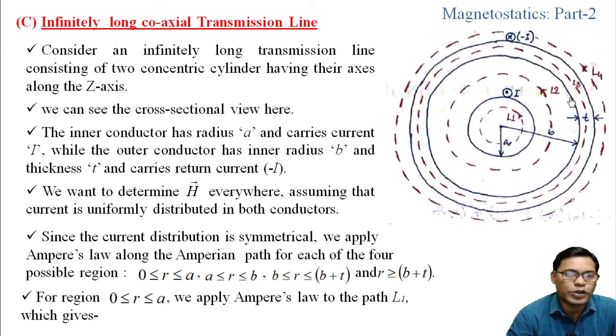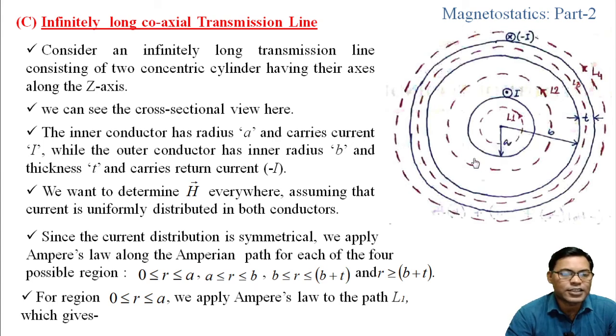For that we will consider the current distribution is symmetric, and we are going to apply the Ampere's law along the Amperian path. Here we have considered 4 Amperian paths. So we are going to discuss the 4 conditions or 4 possible regions, that is R, the radius, in between 0 to a. So if the radius of this Amperian path varies from 0 to a, what will be the magnetic field intensity?